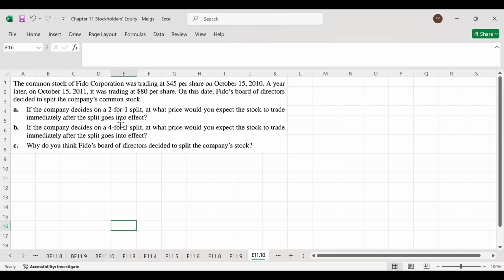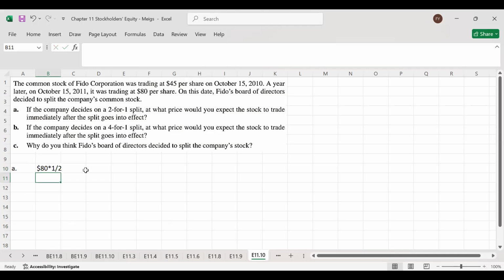At that time, the market price was $80, so the price will also be divided 2 for 1. In part A, the price is $80, and we will multiply it by 1 and divide by 2.